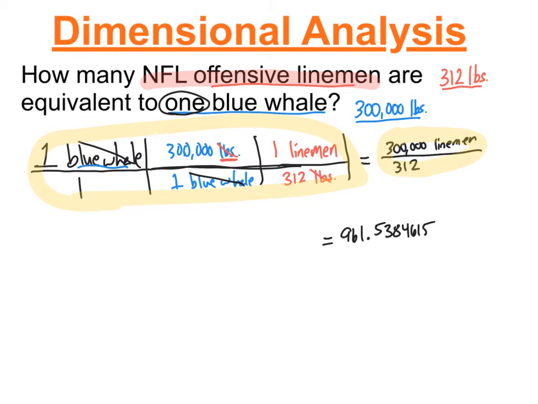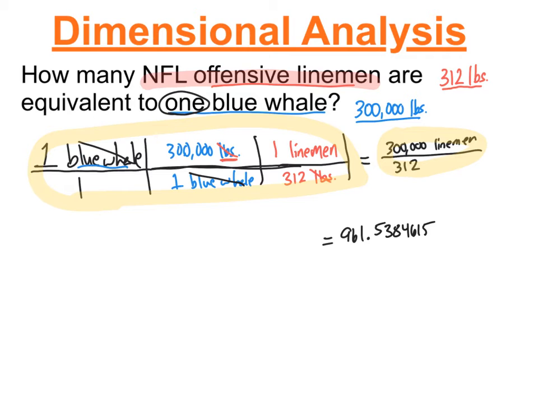Well, think about having to feed the number of people. Should I only plan to feed 961, or should I plan to feed 962? I can't have half a person, right? And even if someone's missing an arm, they're still a full person. So it's either 961 or 962.